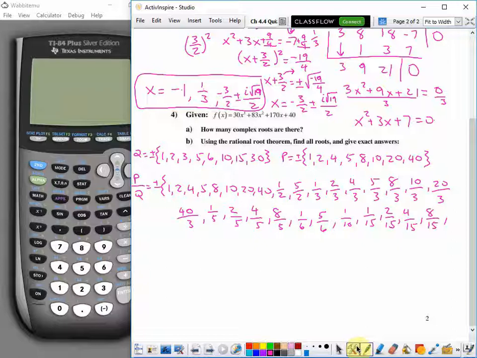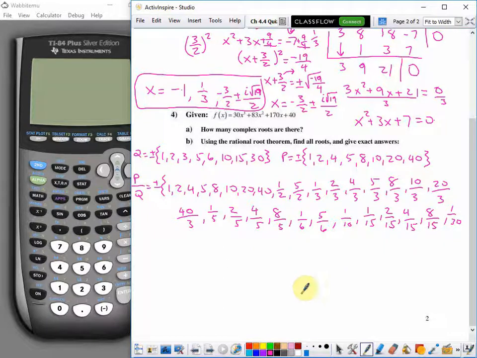That's 2/3. 20/15, I believe we also have. That simplifies to, let's see, 20 and 15 are both divisible by 5, so 4/3, and we've got that here. And then 40/15, we've also got as 8/3, so we can move on to everything over 30.